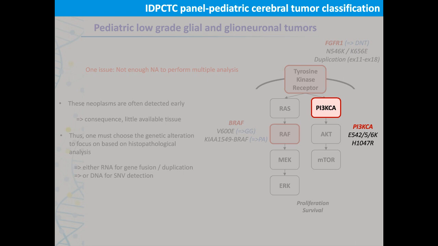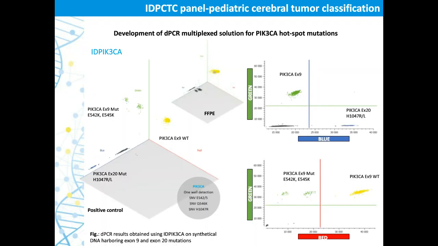So here is the example of the PIK3CA assay, where you will see in yellow the wild-type population of the exon 9 of the PIK3CA gene, in green the mutation of the exon 9, and in blue the mutation of the exon 20. And on the 2D dot plot, you can see that it's quite easy to analyze.